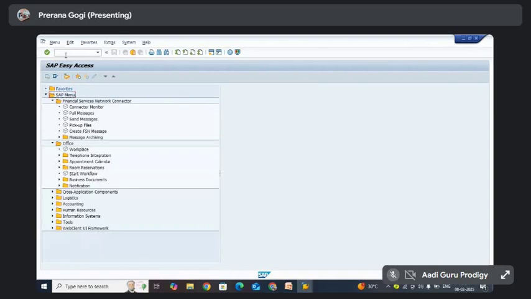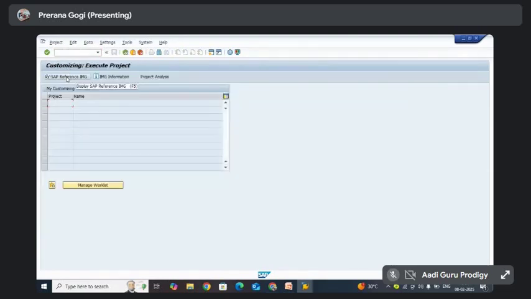Okay. And now, as I am entering into SPRO. SPRO is nothing but SAP Project Reference Object. Now, if I enter, we can see SAP Reference IMG. IMG is nothing but Implementation Guide.